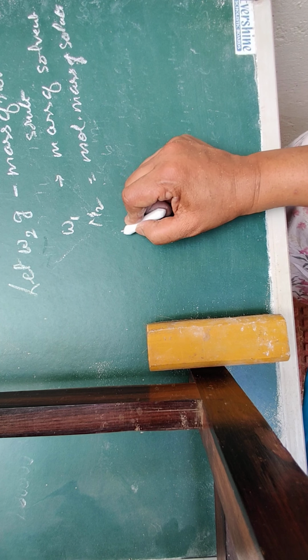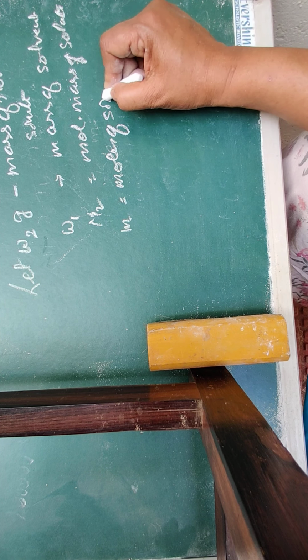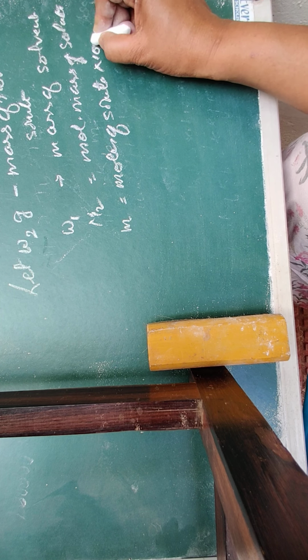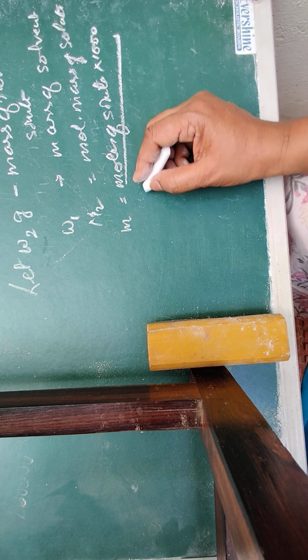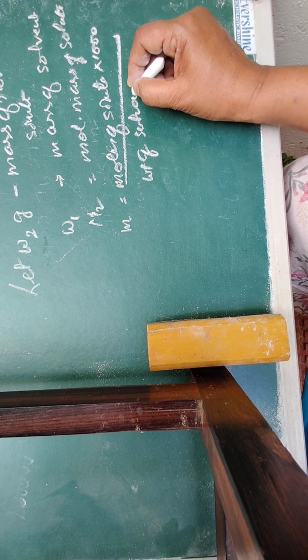So you know that m is equal to moles of solute in 1000 upon weight of solvent in grams.